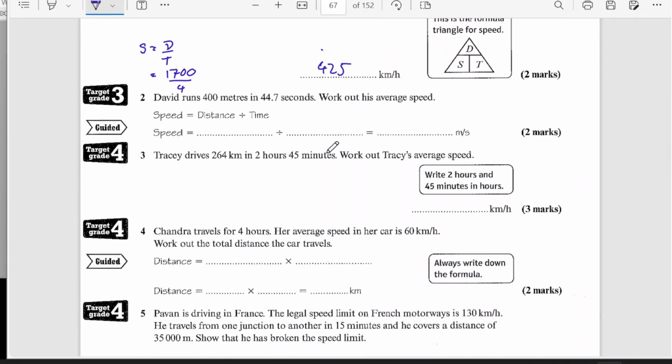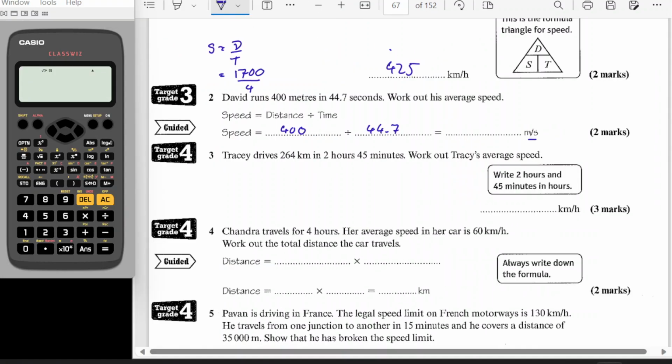For question 2, David runs 400 meters in 44.7 seconds. Work out the average speed. Just checking on our units, we do want it in meters per second, so this is just going to be 400 divided by 44.7. We'll bring our calculator in at this point. Okay, so 400 divided by 44.7 is going to give us, as a decimal, 8 point.